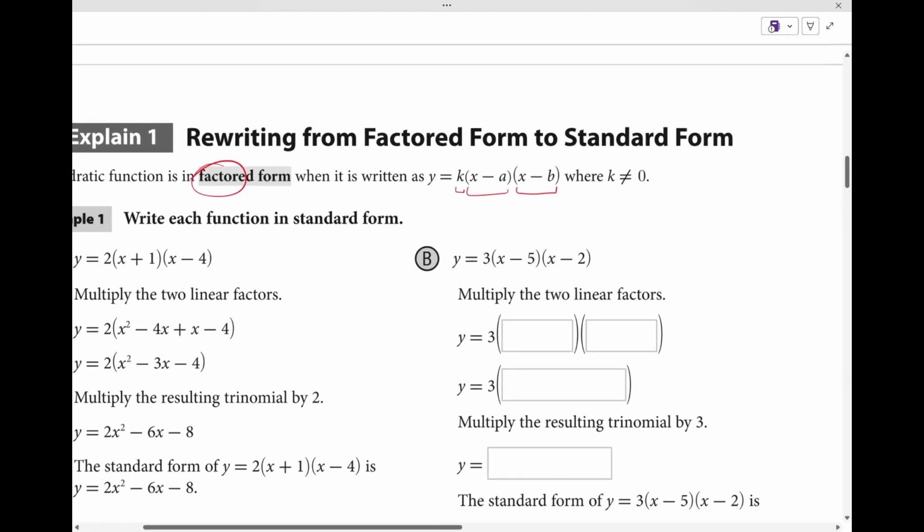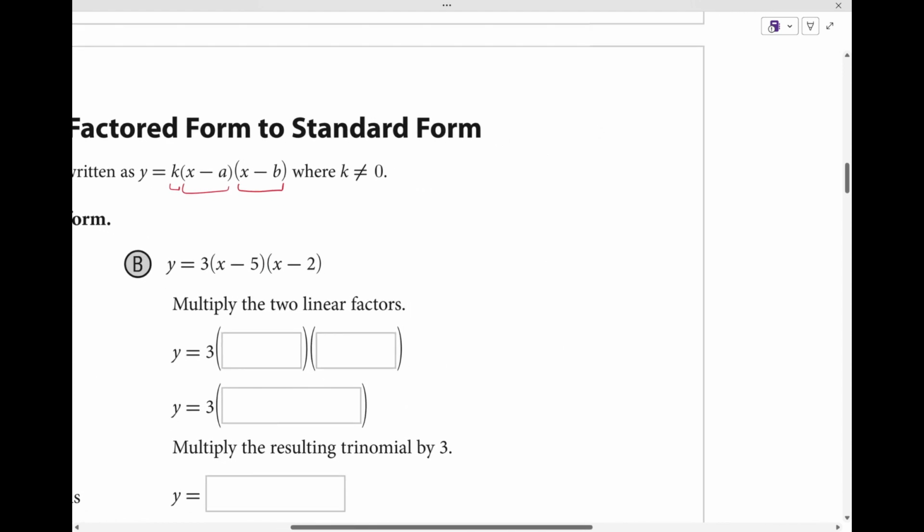Now, just a quick review. Now we have 3 types of forms. The first form we learned about was standard form. Standard form looks like this, ax squared plus bx plus c. Then we learned about vertex form. Vertex form is a times x minus h squared plus k.